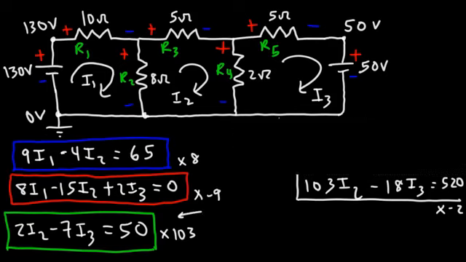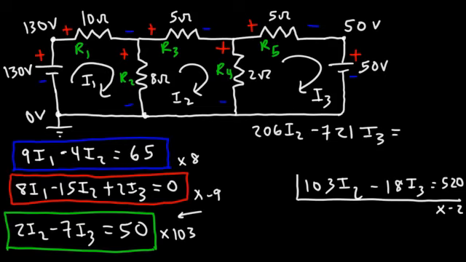So let's start with this one. 2 times 10^3, that's going to be 206 I2. And then negative 7 times 10^3, that's going to be negative 721 times I3.